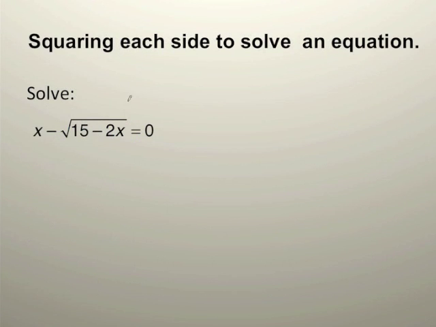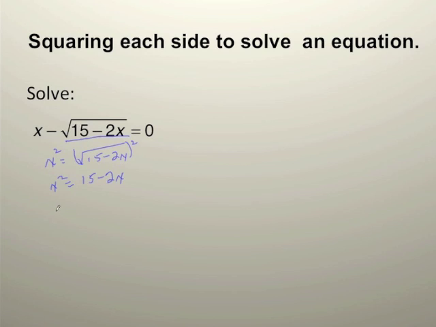Now let's actually practice doing this. We need the radical isolated on one side. So x equals the square root of 15 minus 2x. Now that I have it isolated on one side, I can square both sides. By doing that, I end up with x squared equals 15 minus 2x.